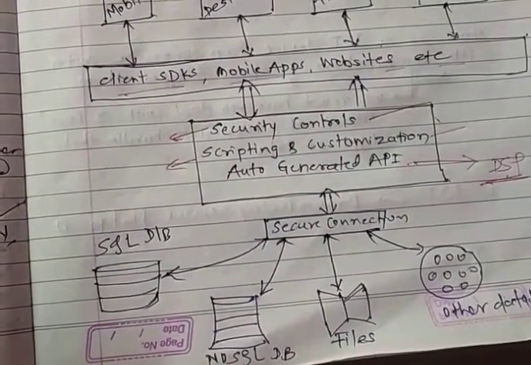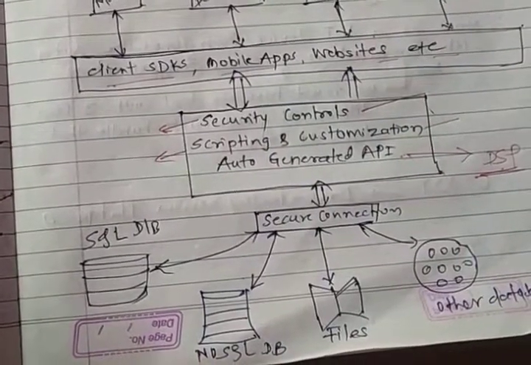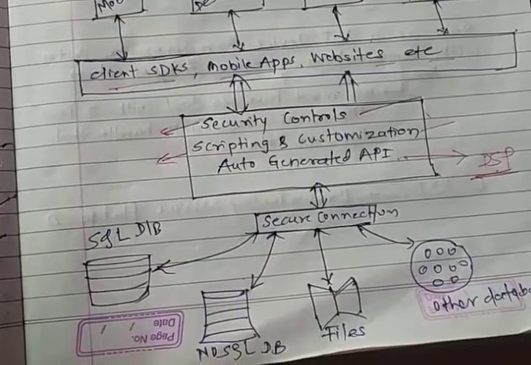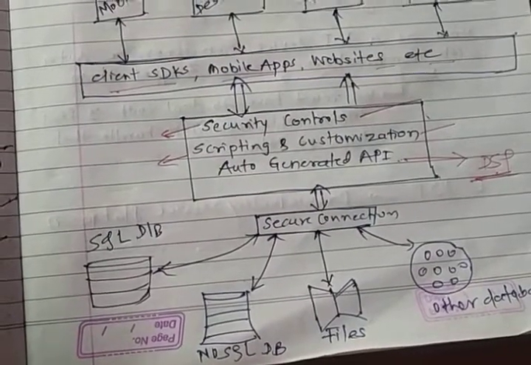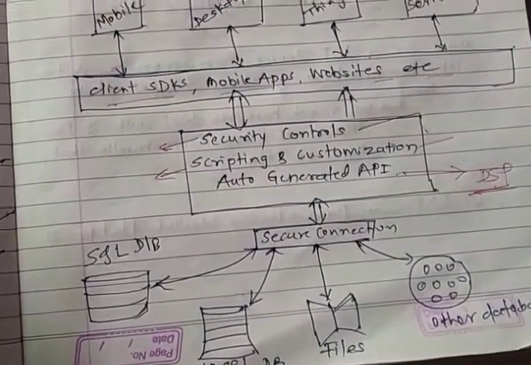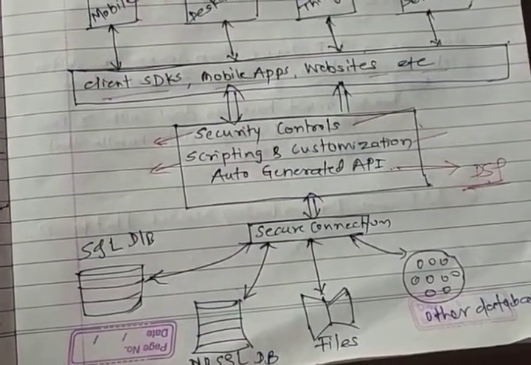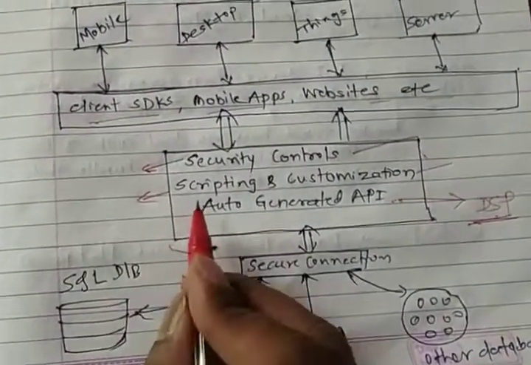Then a particular remit will be enforced for the user, that is, which services are granted and which services are not granted. Accordingly the user will be given access to that particular device, right? So scripting and customization will be controlled by this DSP.